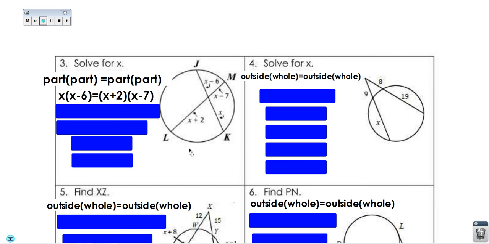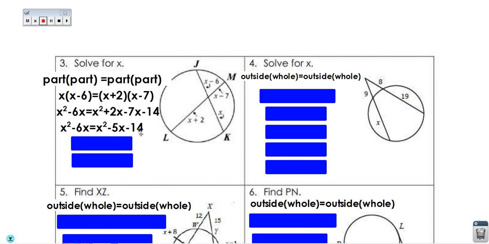Once we've distributed correctly, we get x squared minus 6x on the left side. Remember, x times x gets you x squared, equals x squared plus 2x minus 7x minus 14. Now, I'm going to simplify the right side, and positive 2x minus 7x gets you negative 5x.